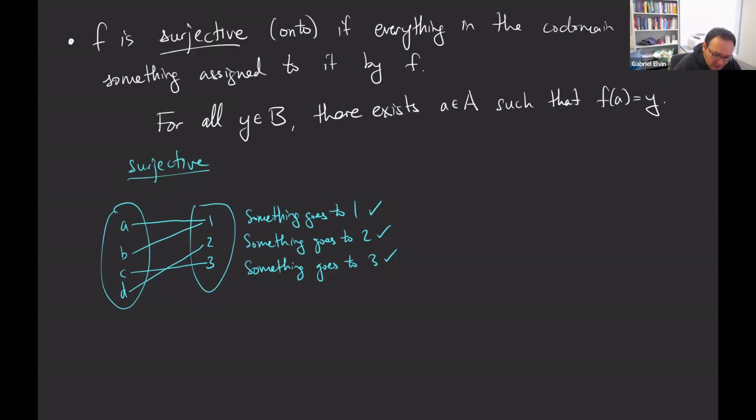And so not surjective would be, well, that doesn't happen. So let's illustrate it. I'll do a different domain and codomain. Actually, do the same one.